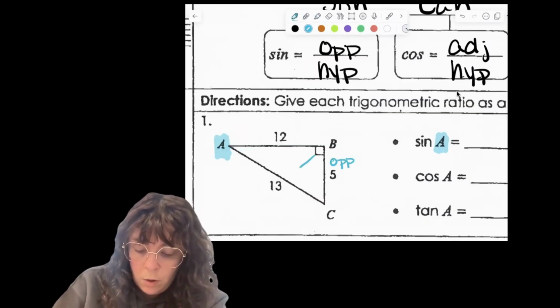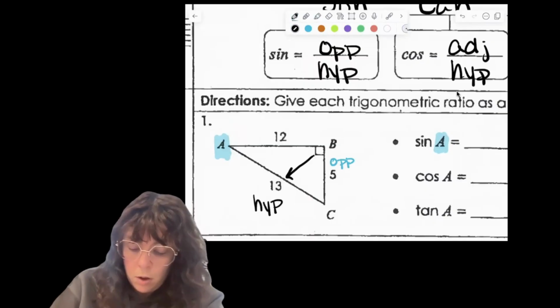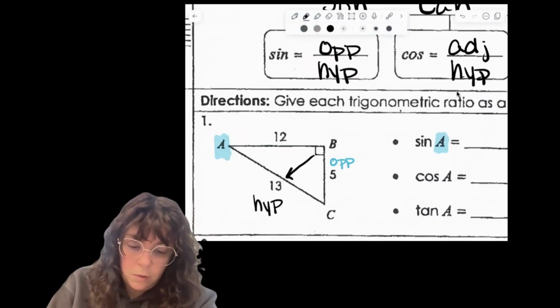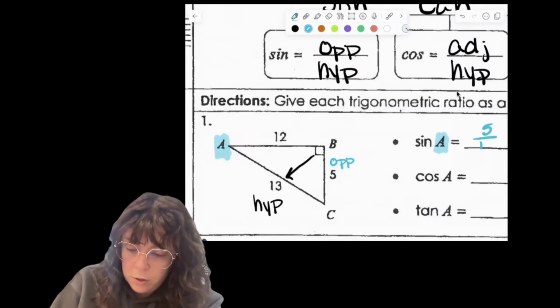And the hypotenuse is always across from the right angle, so this one over here will always be the hypotenuse. So for that first one, we've got 5 over 13.